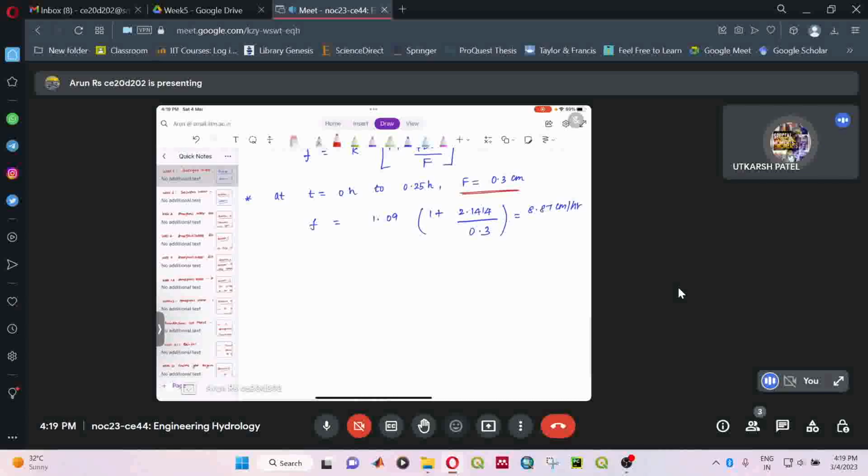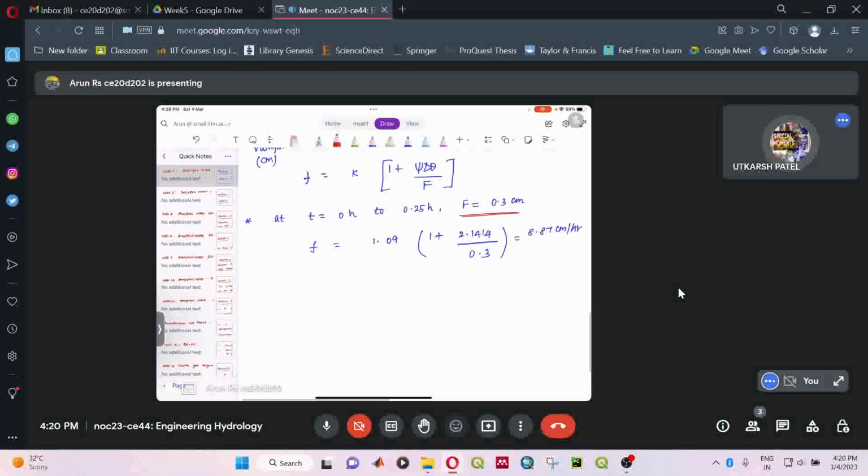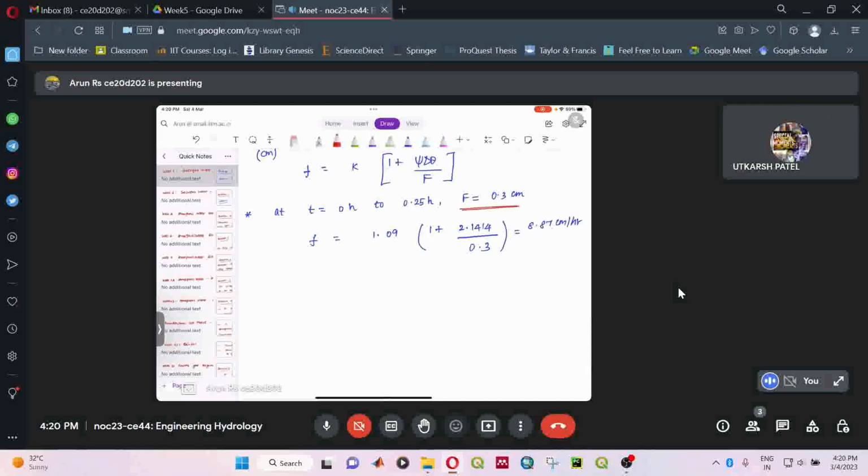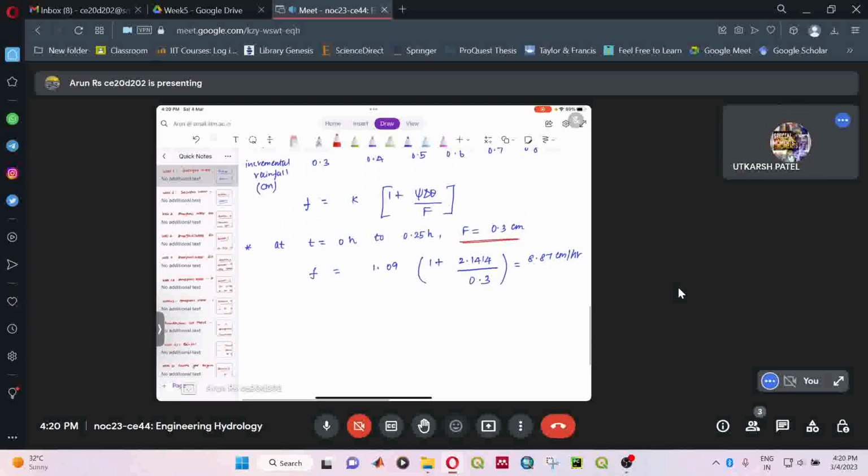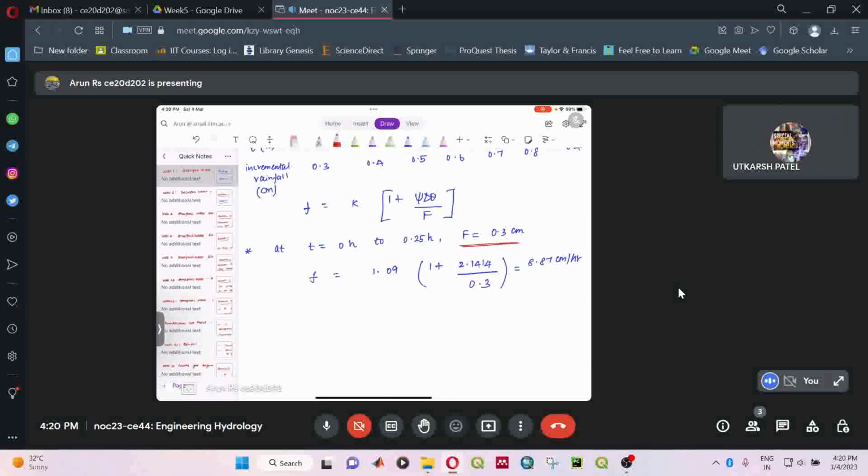Sir, is this a small f or a capital F? In the formula, before the equal sign, this is F only.